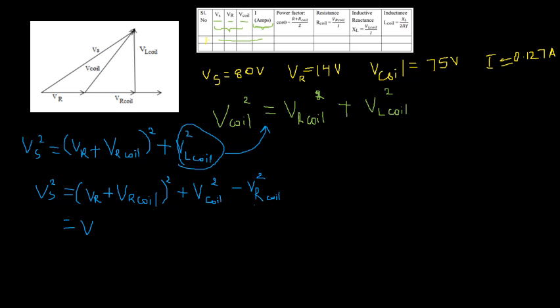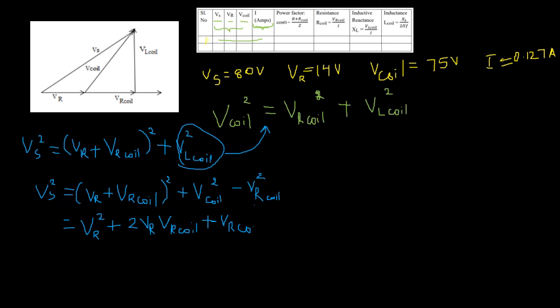Further, if I apply the equation for a plus b the whole square, that is a square plus 2ab plus b square, it becomes VR square plus 2 VR VR coil plus VR coil square.